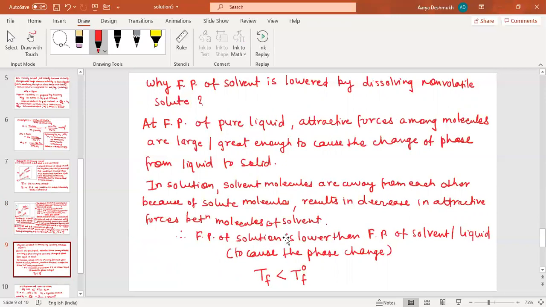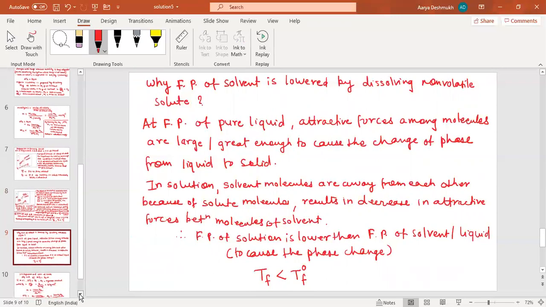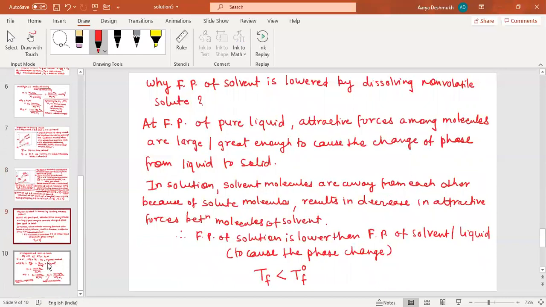Therefore the freezing point of the solution is lower than the freezing point of the pure solvent, and this is nothing but TF is less than T naught F. T naught F is the freezing point of the solvent in pure form. TF is the freezing point of the solution when the solute and solvent are mixed together. So this is the reason for the depression in freezing point.